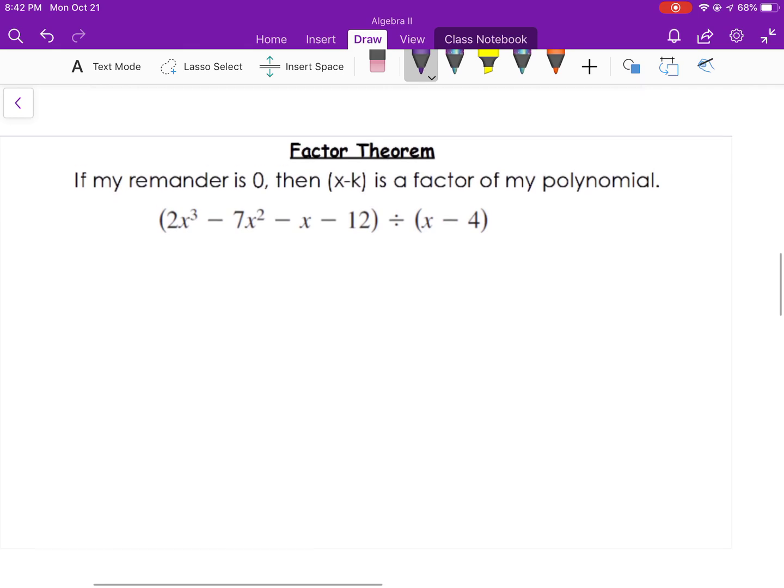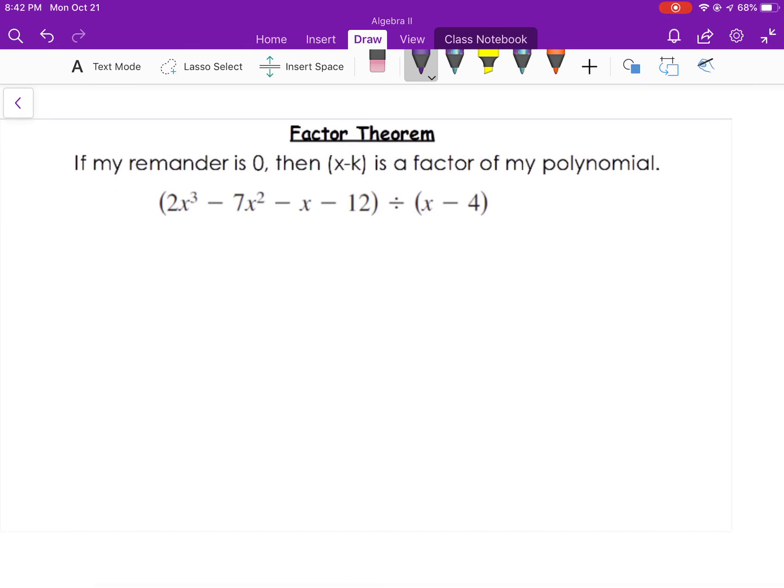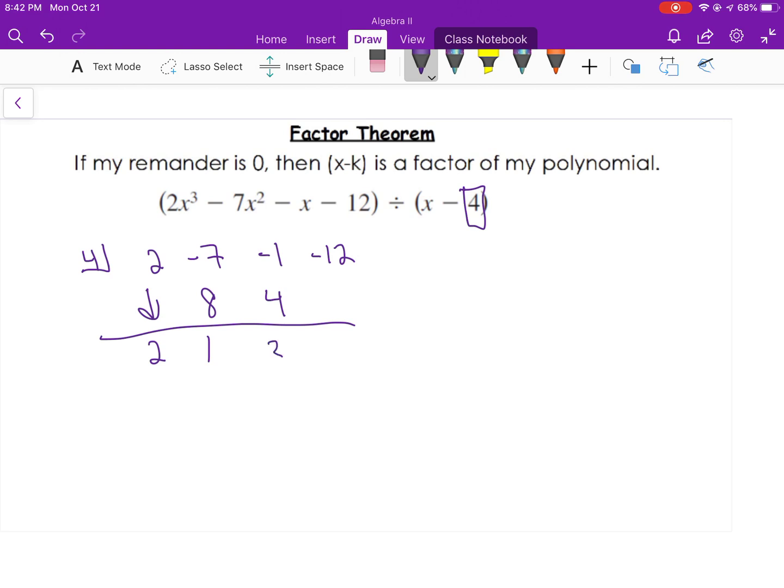Okay, now, factor theorem. What the factor theorem says, and there's my 4 that I'm going to put in my box up here, I'll get my coefficients, is that if I get this synthetic division to work out so that the last number is 0, that means that there is no remainder.